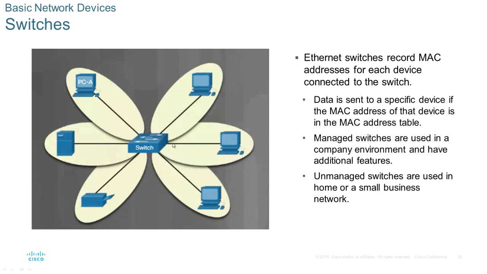The benefit is there are fewer collisions occurring on that individual segment of cable, thus improving the throughput of the network. Fewer collisions means fewer retransmissions, which means more bandwidth overall, because more traffic is getting to its destination in a timely manner.